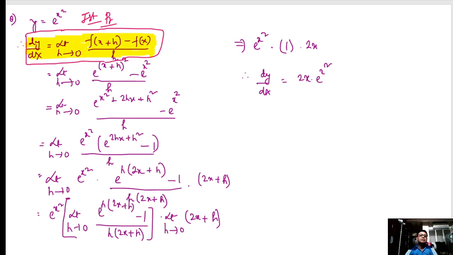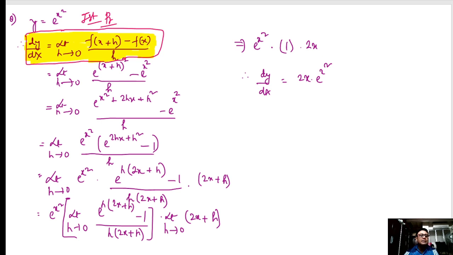This is the actual formula which you will be using to solve the differentiation using the first principle. Please note it here: limit h tends to 0, f(x plus h) minus f(x) by h.